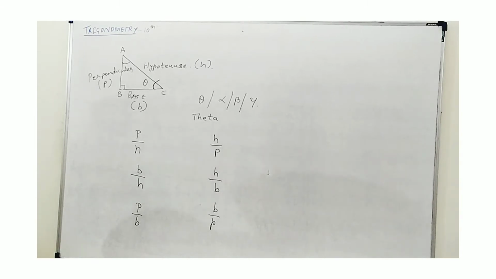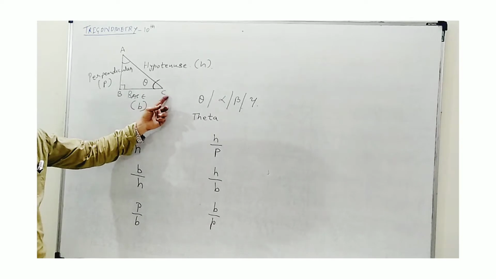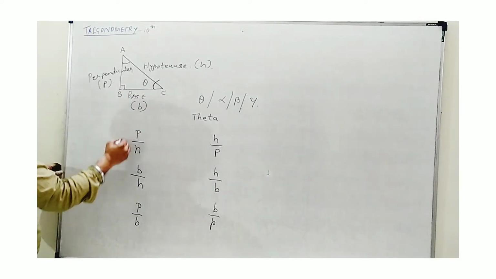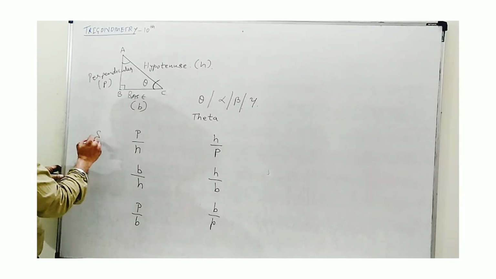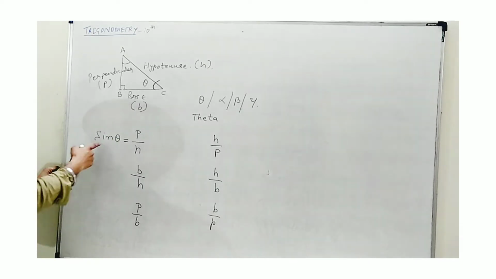Now, as I said, we are taking all these sides with respect to theta, angle C in this situation. So this ratio, P upon H, is denoted as sine of theta.